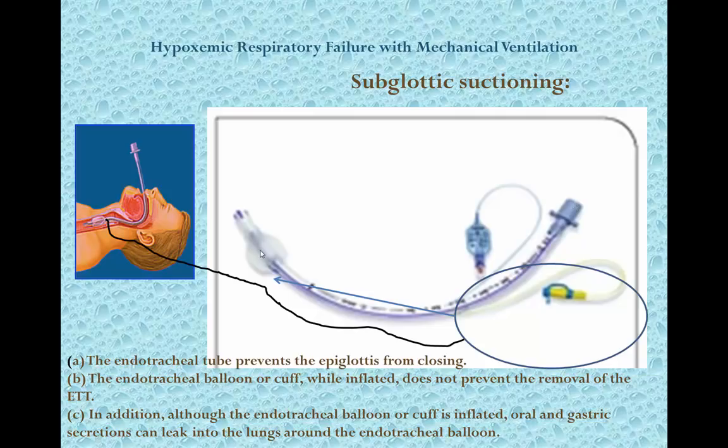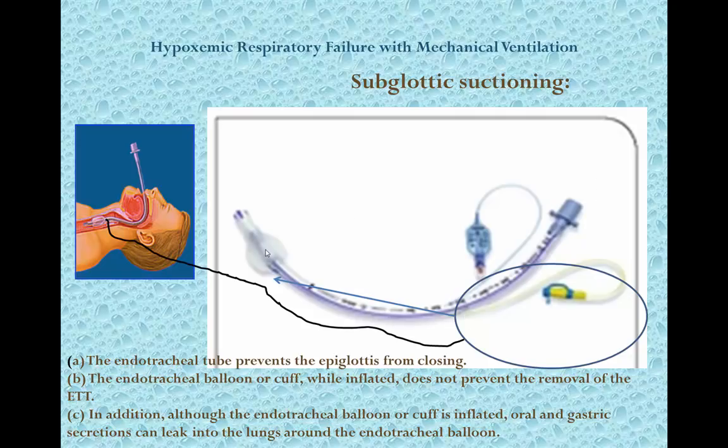This is the balloon of the endotracheal tube. So the holes for the ET tube are down here at the bottom so that the ventilator will deliver air through the tube and out the hole, and it's supposed to go in the lung. And then this balloon, once it's inflated, will ensure that air goes down into the lung and not down and then back up and out through the mouth.